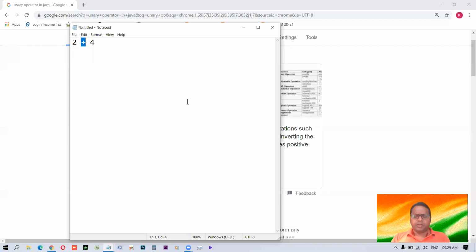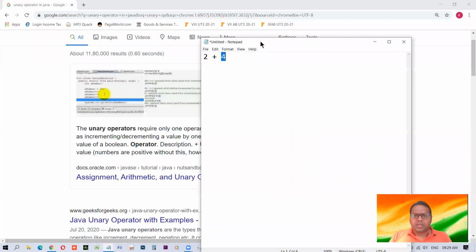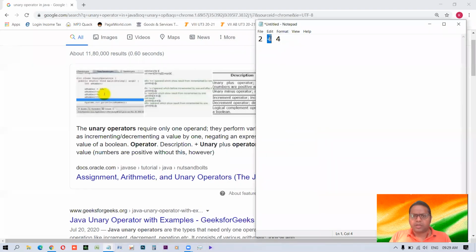That's why it is known as operator. And 2 and 4 are the operands over which the operation is going to take place. So in this case, we have one operator which needs two operands to get the sum or something like that. So what kind of operator is this? This is binary operator. Why? Because this needs two operands to work.